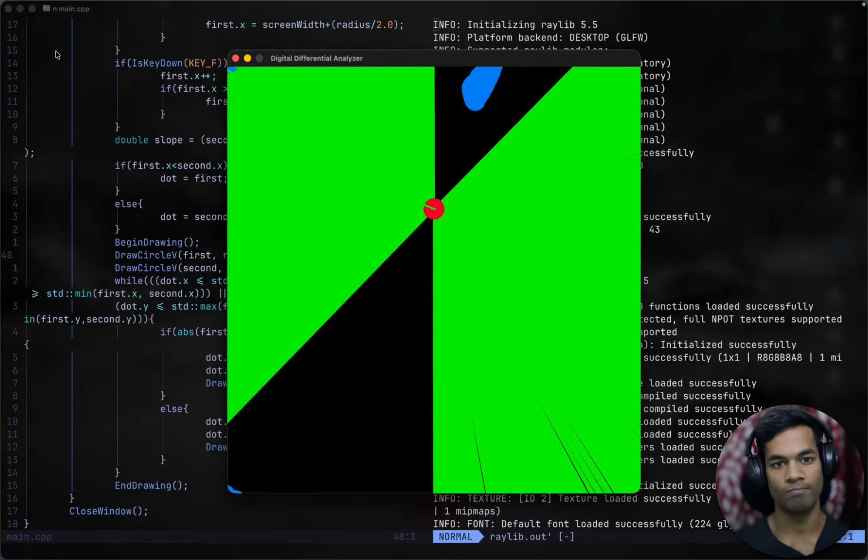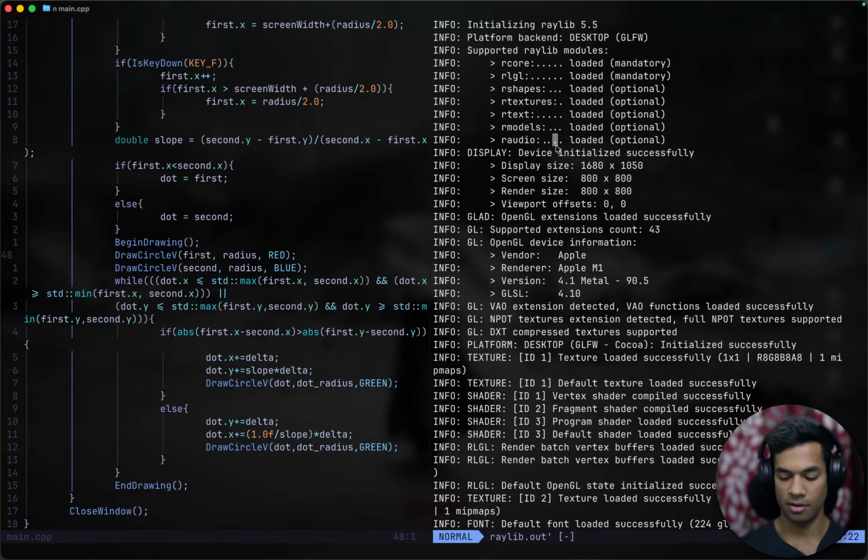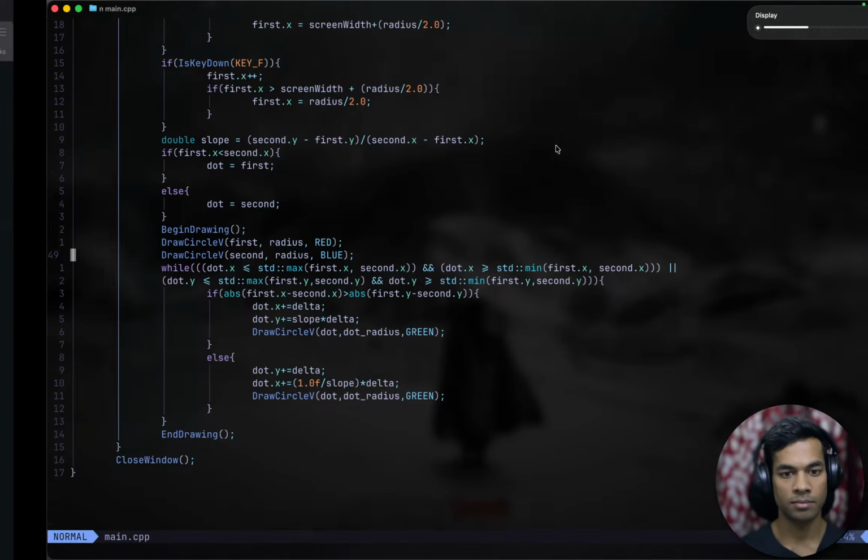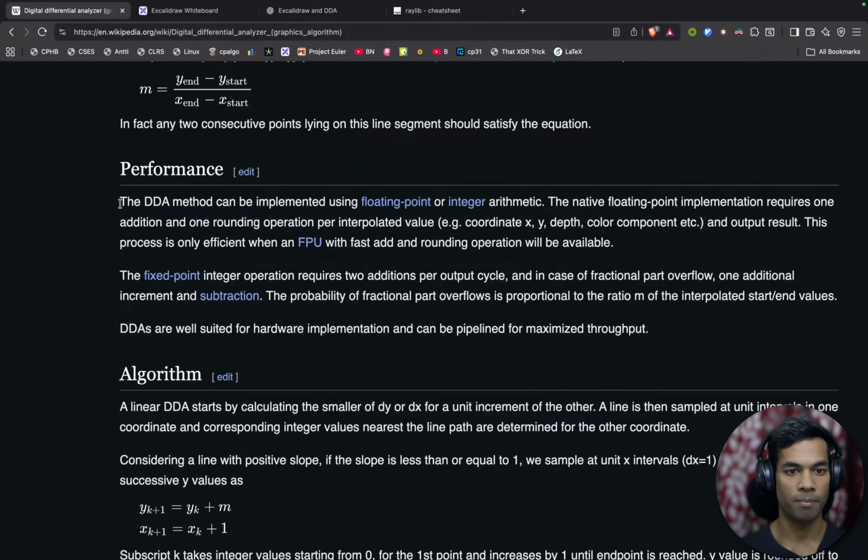Hmm. Okay, and this is kind of slighted at a wait, yes, it is. Know what that is? Let's read a bit more. The DDA method can be implemented using floating point.